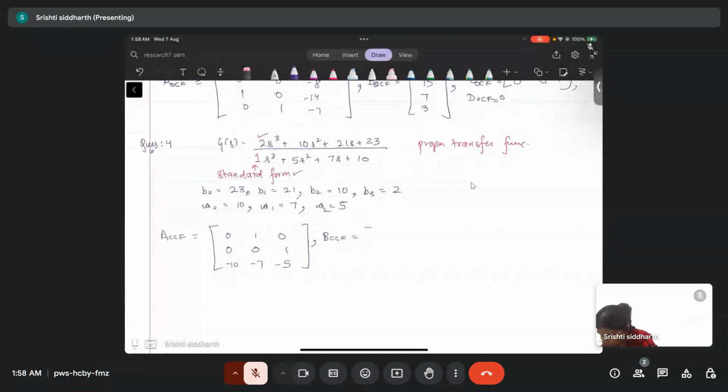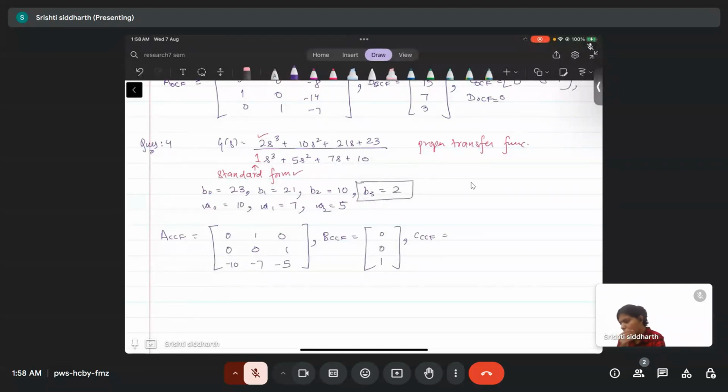Now let's come down to the C vector. So B3 is not 0 here. So let's see what the first entry is going to be like. So it's 23 minus 2 into 10 and 21 minus 2 into 7 and 10 minus 2 into 5.